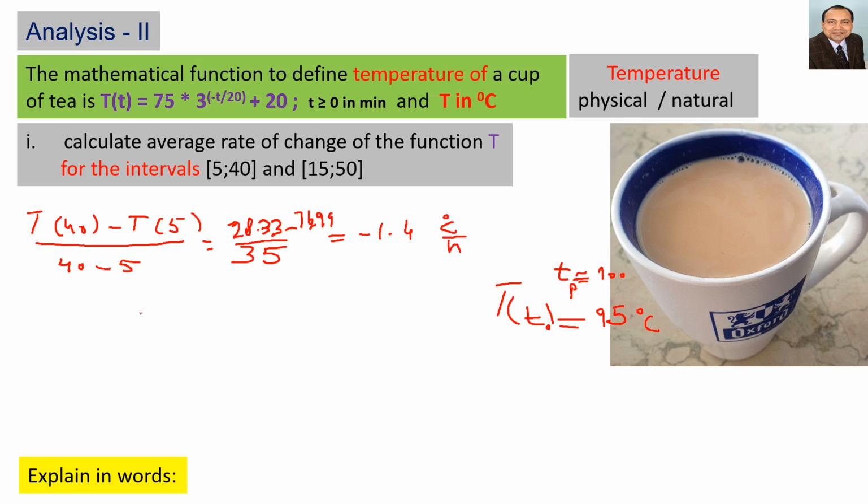So the second interval is T at 50 minutes minus the value of temperature after 15 minutes. So this is 50 minus 15. So we have here again 35.